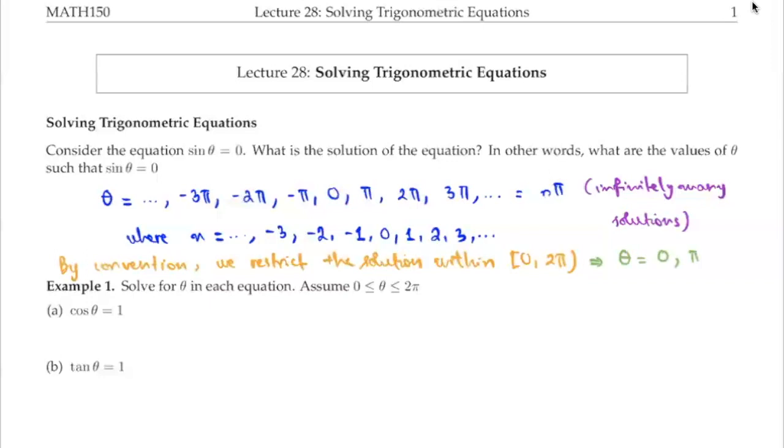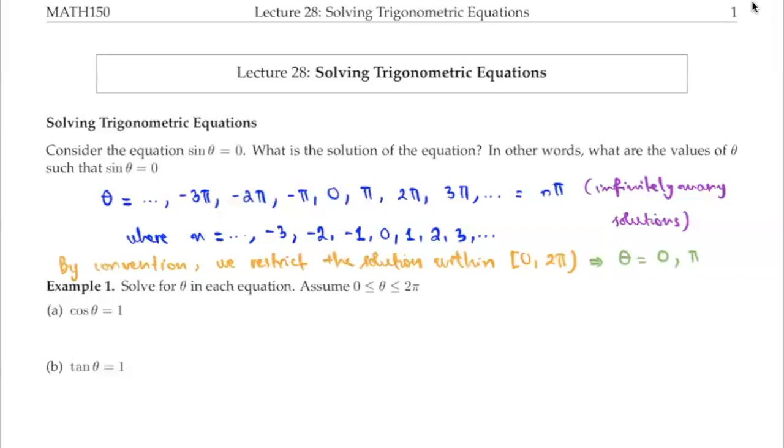All right, so let me recap what we just did right here. When you consider solving trigonometric equations, for instance, in this case sine of theta equal to 0, if you don't restrict the interval of solutions, you're going to obtain infinitely many solutions, because in general the domain of the sine function or cosine function is from negative infinity to positive infinity.